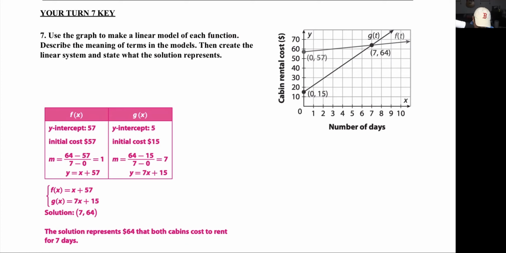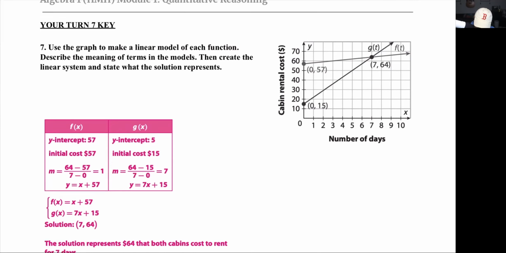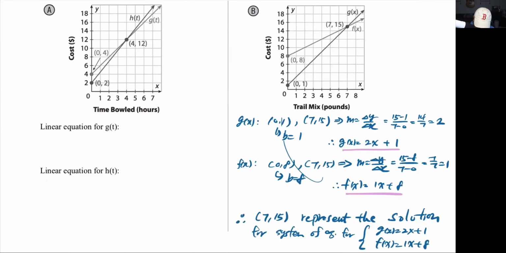Okay. In this particular case, they wanted you to create the scenario. Darn it. I forgot to tell you to do that. All right. My bad.